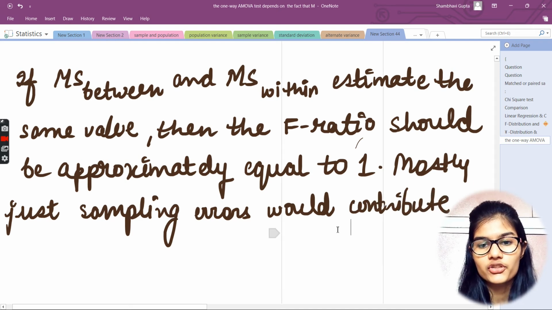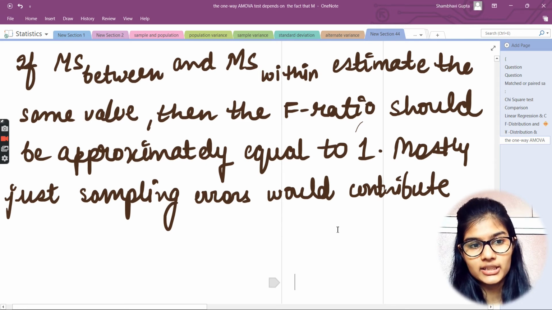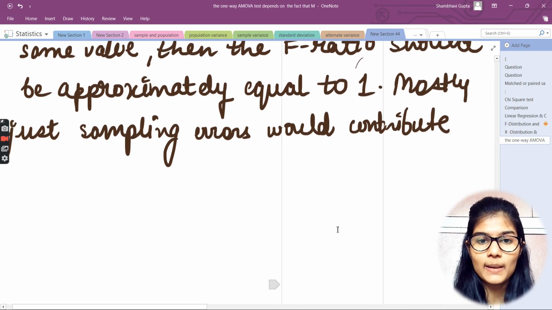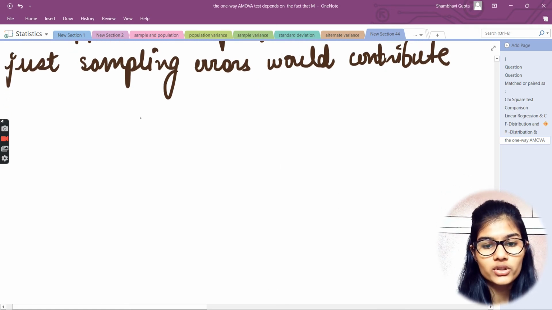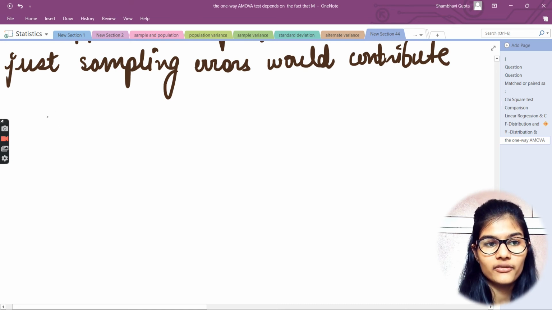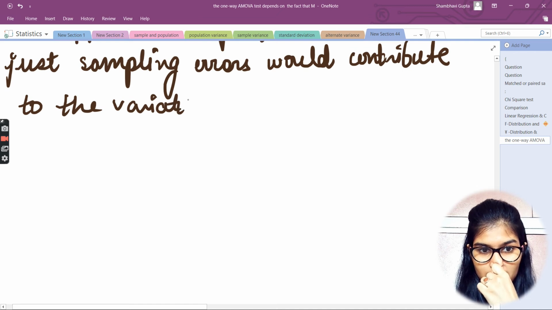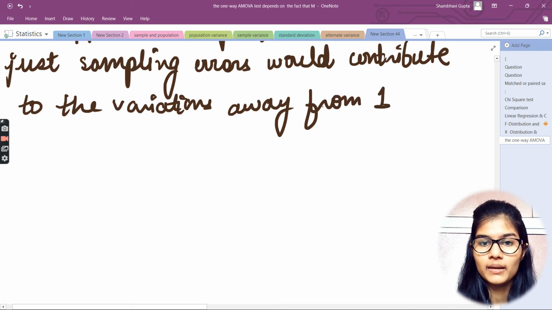Let me go down here for a short time. Fine. So if the MS between and the MS within estimate the same value, then the F ratio should be approximately equal to 1. Mostly it is the sampling errors that contribute to the variations away from 1.